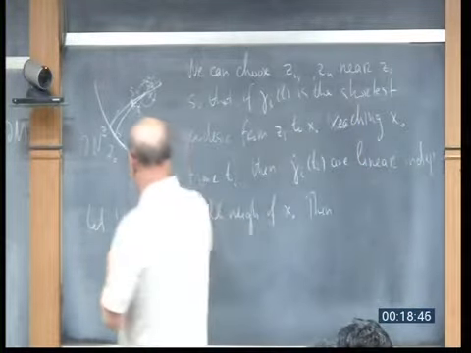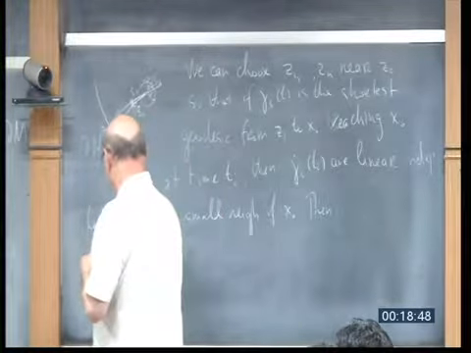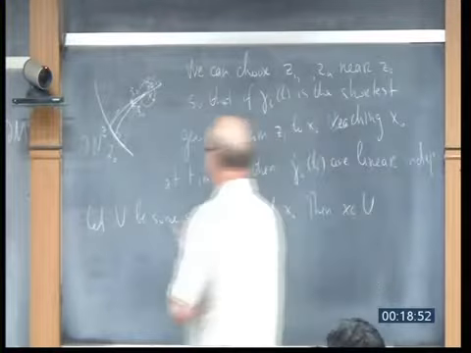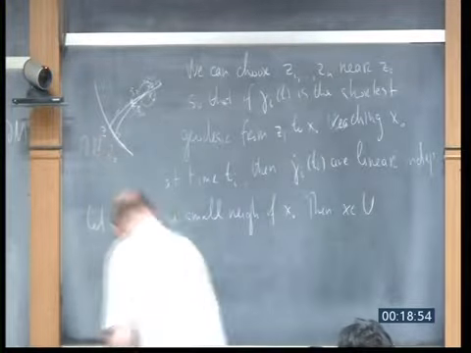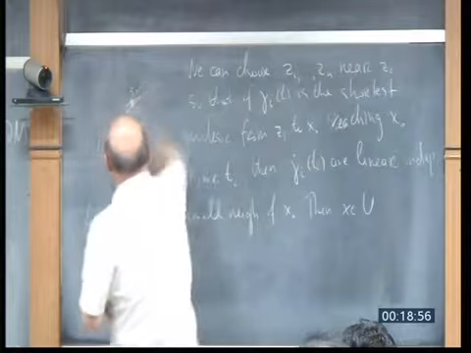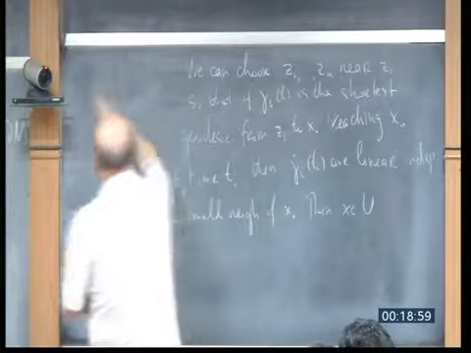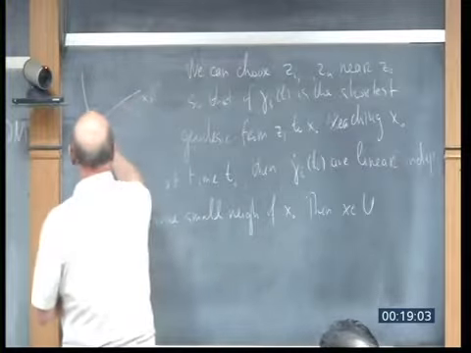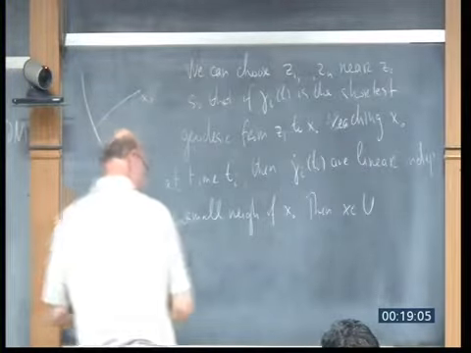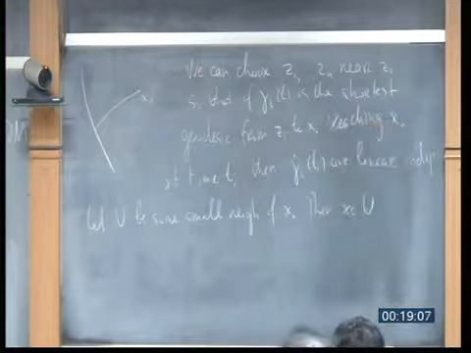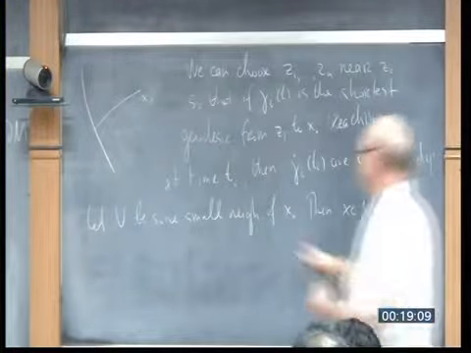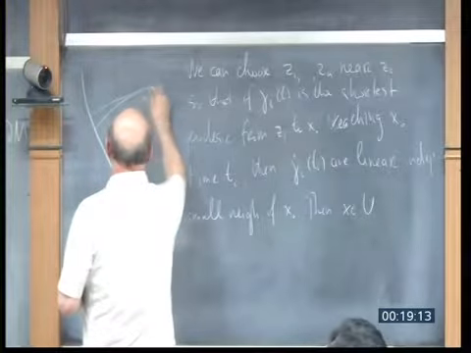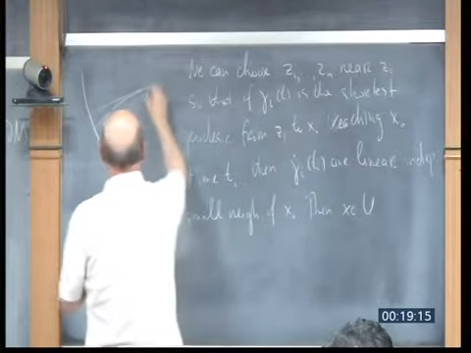Then for any x belonging to this u, there is a geodesic. Let me draw a larger picture. I put it Z1. So this is Z1, and this is the corresponding vector.